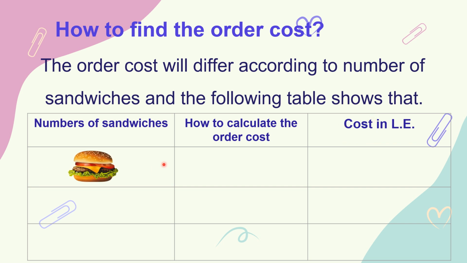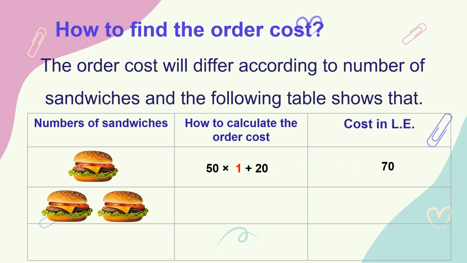If I bought one sandwich, here is how to calculate the order: 50 LE for the price of one sandwich, times 1, the number of sandwiches, plus 20, which is the delivery cost. So when we calculate it, it will be 70, because 50 times 1 is 50, plus 20 is 70. What happens if we buy two sandwiches?